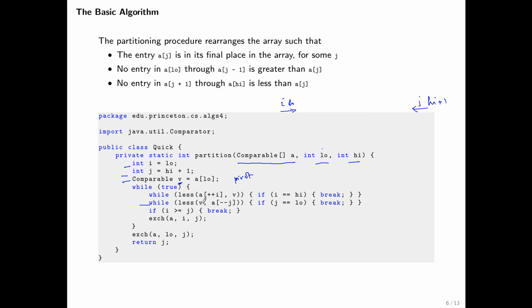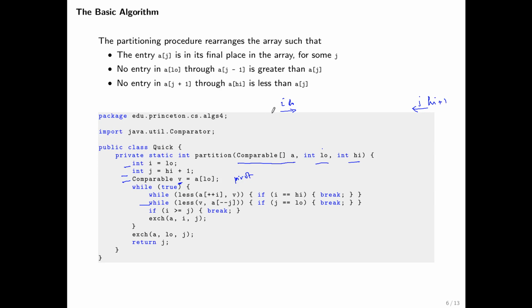When that happens, we break out of this while loop. And notice here again, since we are constantly decrementing j, we need to check if j becomes equal to low. When j becomes low, we break, because you don't want to fall off on the left-hand side.